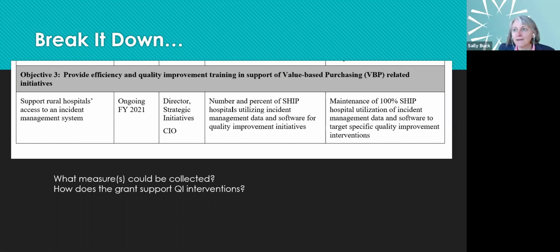Or if you have 80 hospitals and they're spending it differently, you might have to write those questions not to a specific topic or even category in SHIP, but at least about the training or software: did that help improve their value-based purchasing measures or reporting?